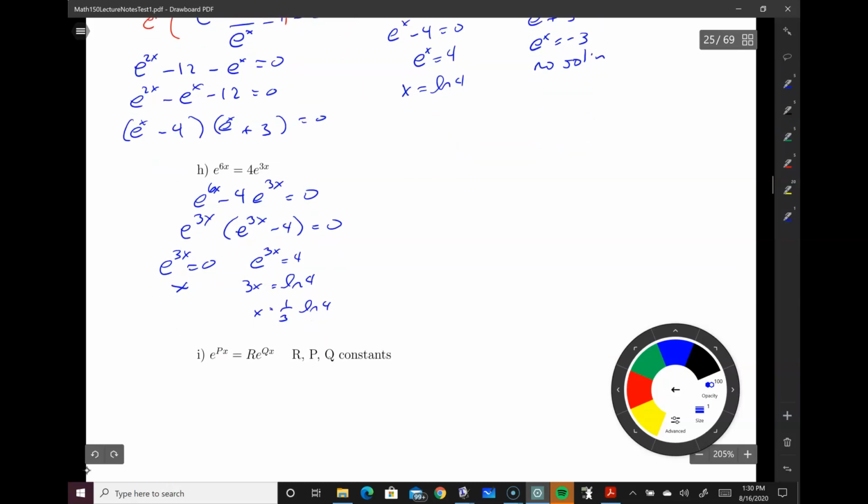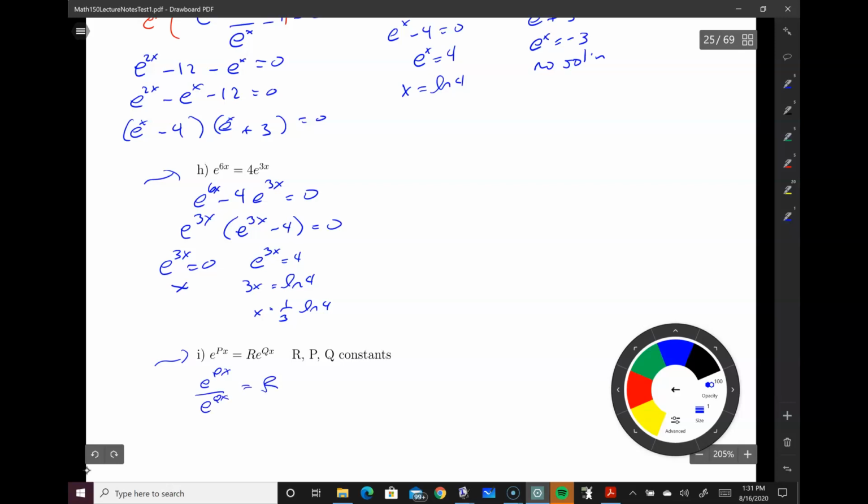Okay, so this one here looks very similar to this one. The p, q, and r are constants. It looks very much like what I just had. This is going to be harder to factor out, though, because I don't know what the q and the r are. So this one I'm going to suggest we divide. So let's divide both sides by e to the qx.